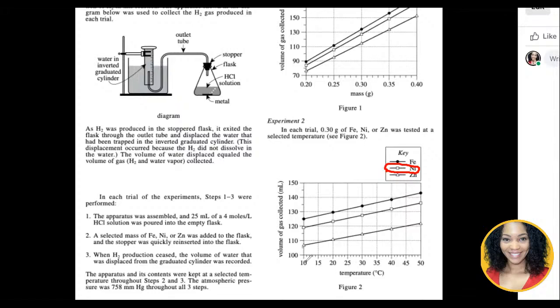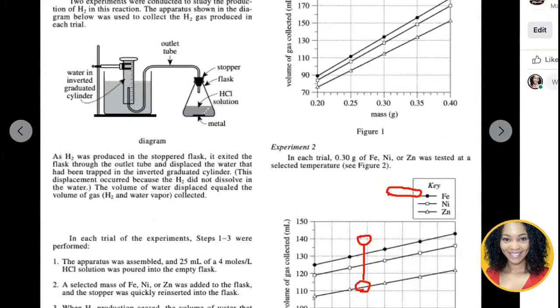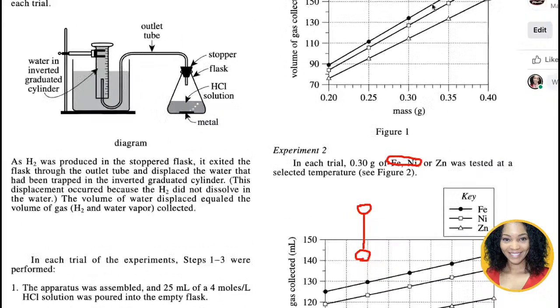So temperature is on this axis, got 30 degrees Celsius right here. And I'm going up to the one that's open square. Okay, you zoom in a little bit, you can see that there. When I zoom in, it changes where all of my markings were. Sorry about that.